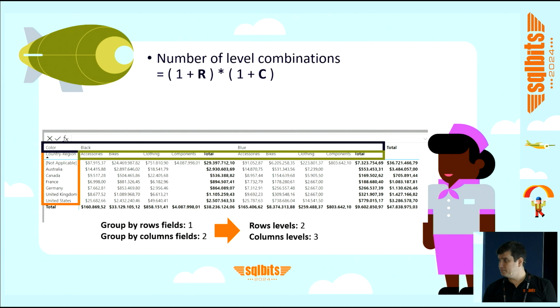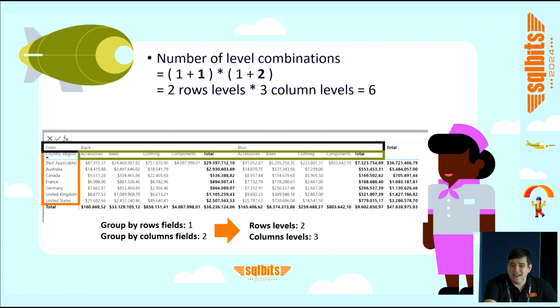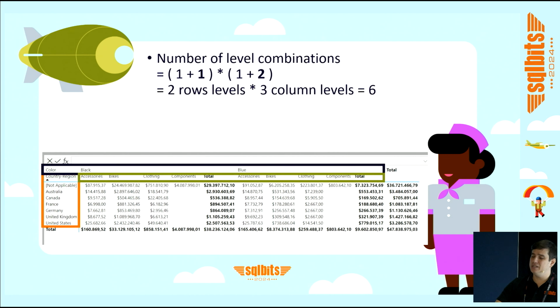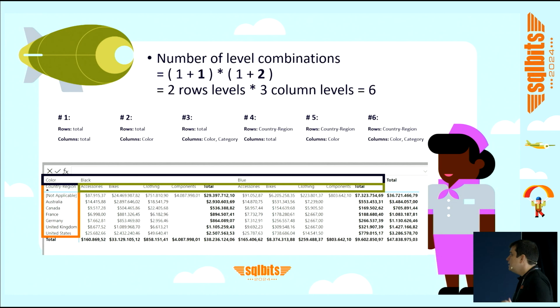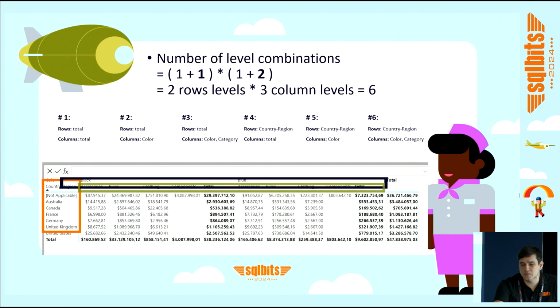So far, so good. So I have 6 different combinations of levels per axis, and we're going to see each and every one of them. There's the combination of no filter at the row level with the combinations of the column axis, and the combinations that include the country region with the combinations of the columns.